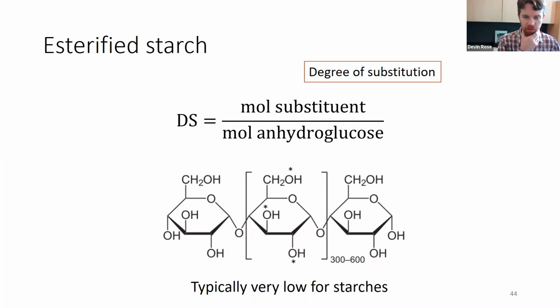Okay, yes, I can repeat the question. So I just mentioned what the equation is, and I mentioned that we have these 3 hydroxyl groups that can be substituted. So the question is, what is the maximum degree of substitution that you can have in starch?